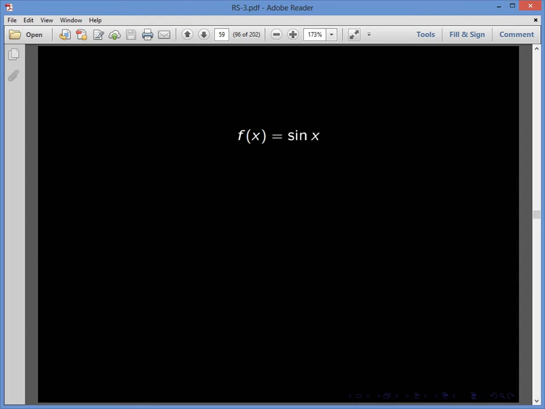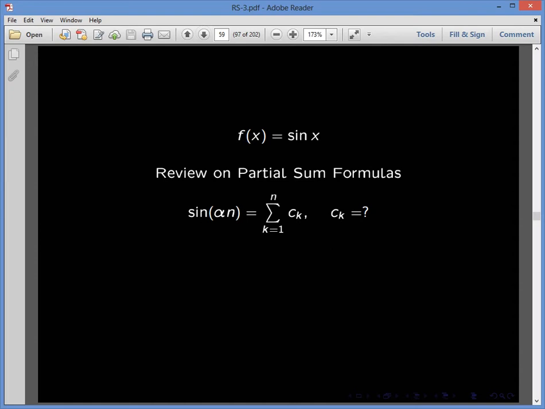So here's a sine x, and the formula gets complicated. But I also introduced an interesting idea, which I use when I introduce sums and series in my Calculus 2 course. Rather than starting with the ck, it's all about the sum formula and trying to figure out the sum.